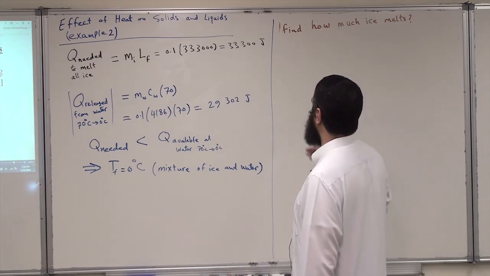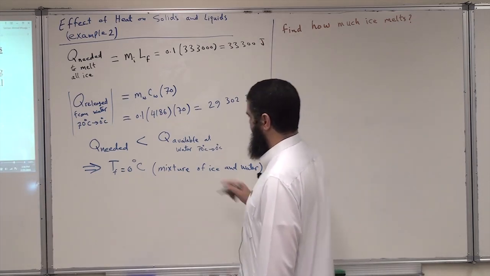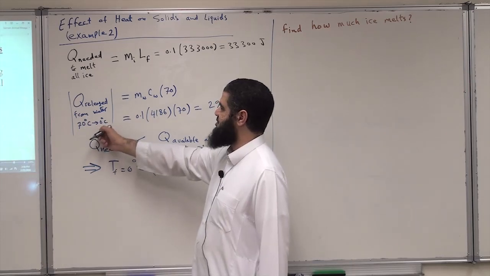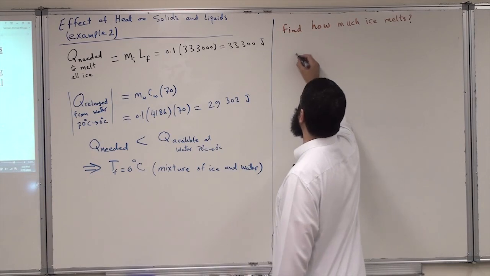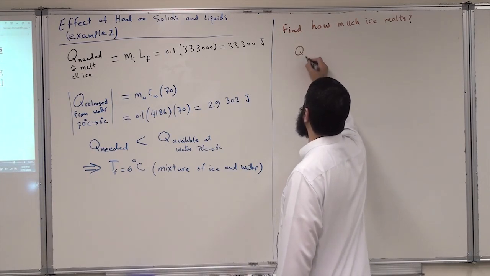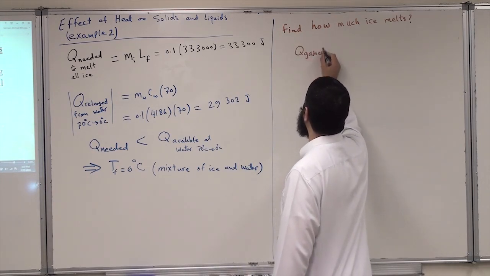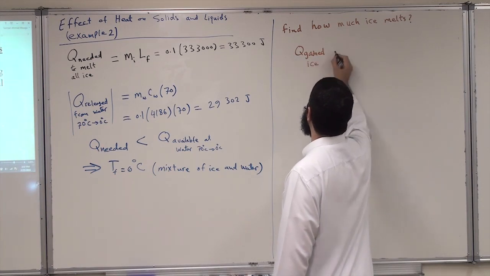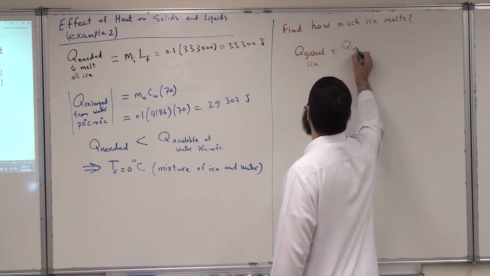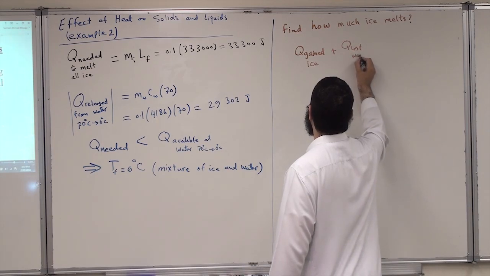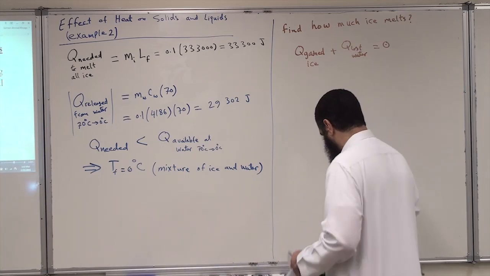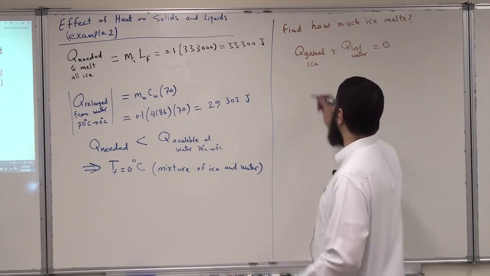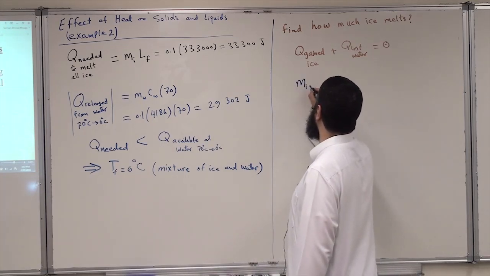The amount of heat available in the water, or released from the water, will be absorbed by the ice. So if I write Q gained by ice plus Q lost from water, this will be equal to 0. The heat gained by ice will be the mass of ice melted.